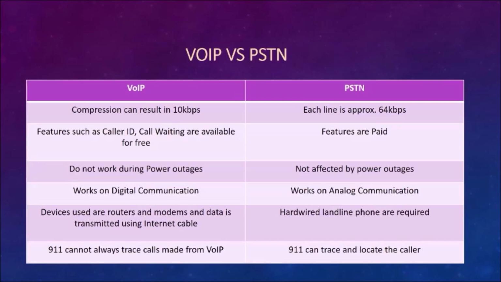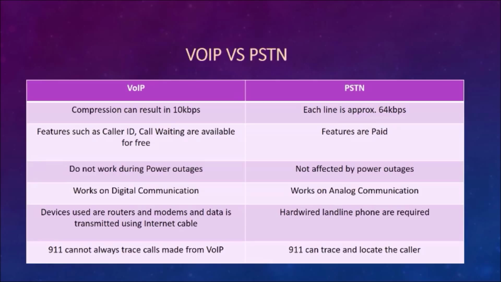VoIP phones are connected to power outlets, hence they do not work during power outages, whereas PSTN phones are not connected to power outlets, hence they work during power outages. VoIP transmits voice signals as digital signals, which provide better error correction. PSTN transmits signals as analog signals, which have poor error correction capabilities.